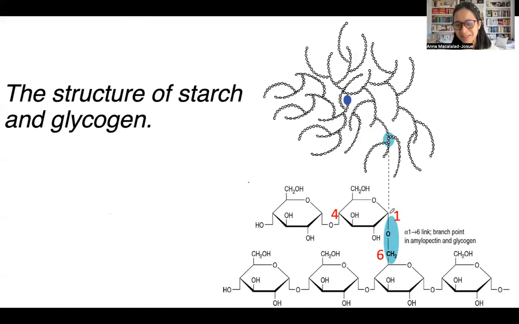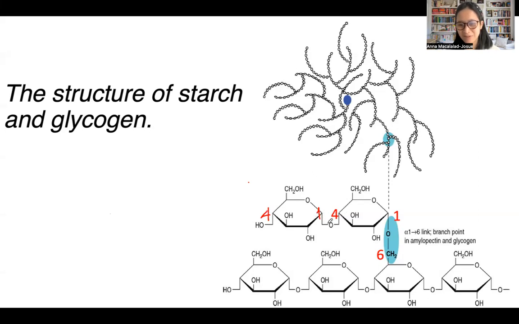In your amylopectin, the chain would be from your alpha 1,4. So your carbon 1 is attached to your carbon 4, and so on and so forth. This is your 1. So there is an alpha 1,4 link.